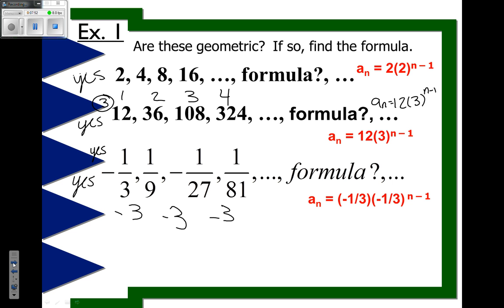You have to do negative 1/3, because that's my initial term. That's what you were saying about just dividing by the bottom number. That would work only if you're stating yes or no if this is geometric. You still have to find the ratio.